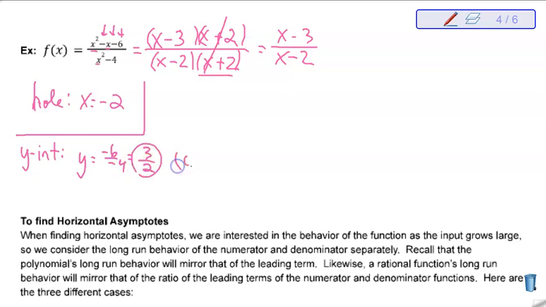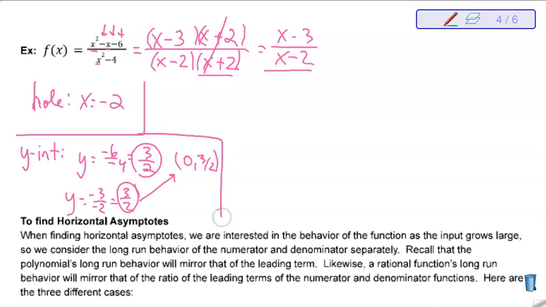Now the ordered pair would be 0, 3 halves, because we let x equal 0. Or you could put 0 into this function, and you could also get y is equal to negative 3 over negative 2, which reduces to 3 halves. Again, that would be the ordered pair for that y-intercept.